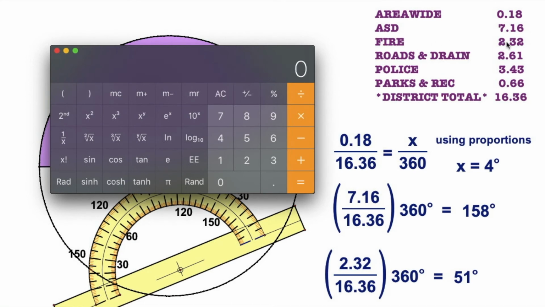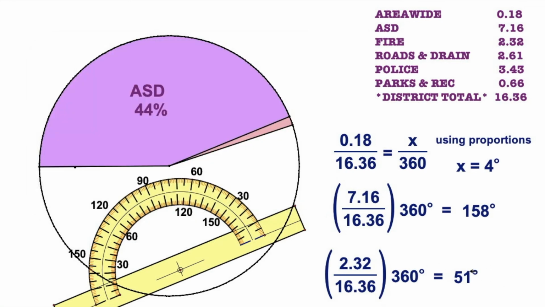Let's do the next one, 2.32. Now watch this. I'm going to skip the decimals because you really can't. I could just say 232 divided by 1636, right? It's going to be the same thing. That's 0.14, which is 14%. Remember that, 14%, times 360. That's going to be 51 degrees, just like I got there.